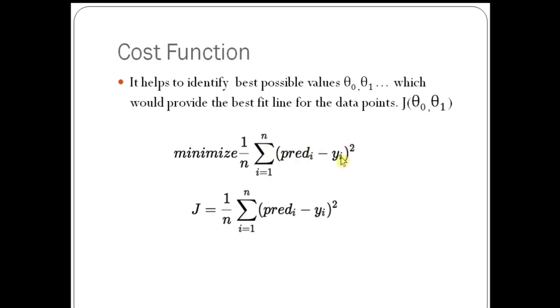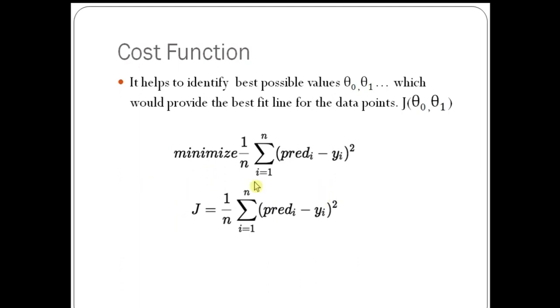Why is this squared? As I mentioned earlier, some predicted values are on the positive side and some may be on the negative side. If we did not take the square, they would cancel out and we would get a misleading minimum value. That is why this cost function has the squared value and the average of it.